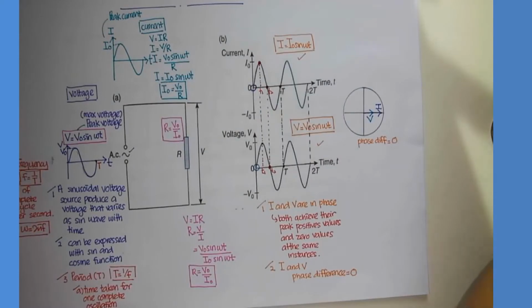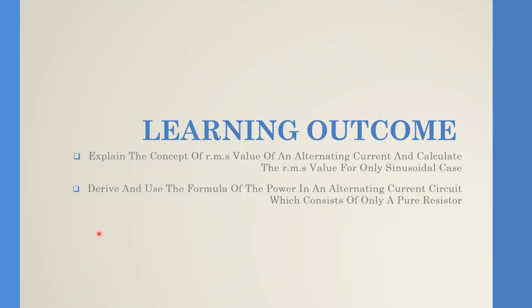Now our next learning outcome is to explain the concept of an RMS value of an alternating current and calculate the RMS value for only the sinusoidal case, and to derive and use the formula of the power in an alternating current circuit which consists of only a pure resistor.